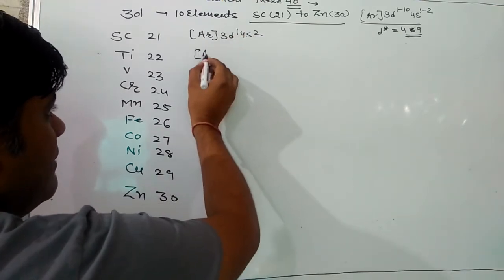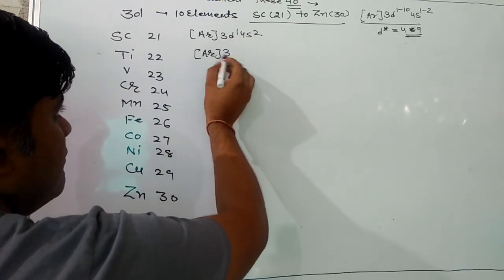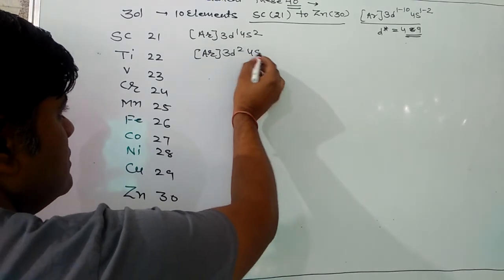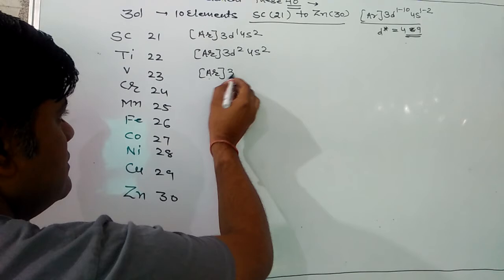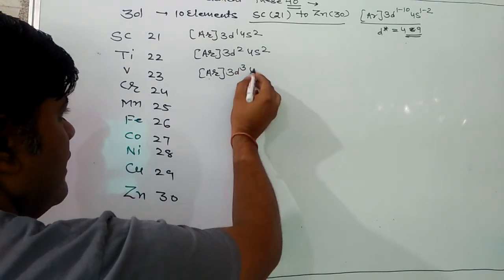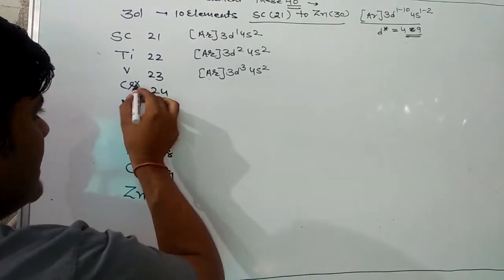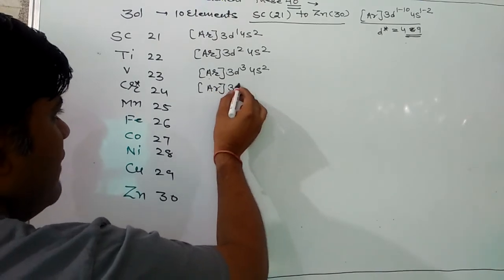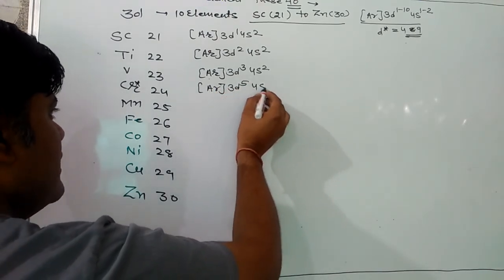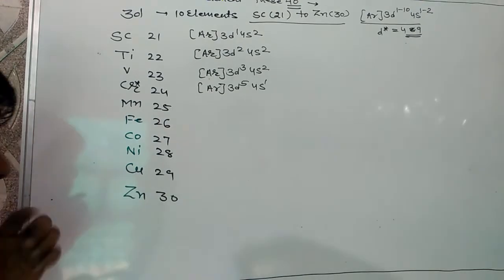For titanium it will be argon 3d2 4s2. For vanadium it will be argon 3d3 4s2. Chromium is exceptional: chromium will be 3d5 4s1 instead of 3d4 4s2.